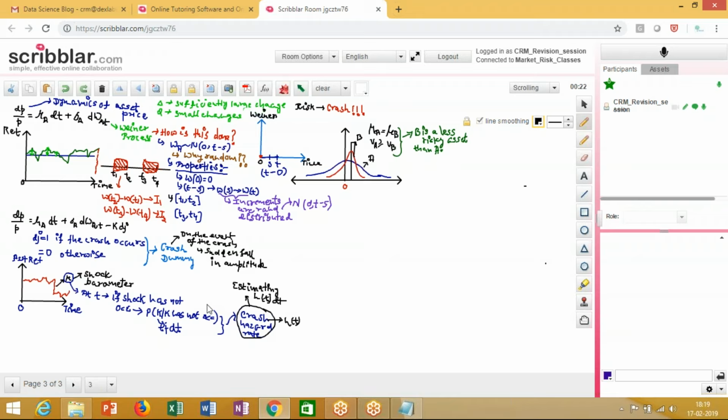And to do that, I need to predict the crash hazard rate. So standing today, I need to fetch the probability that the asset price will crash in the next 3 months, like in the next T plus dt period.